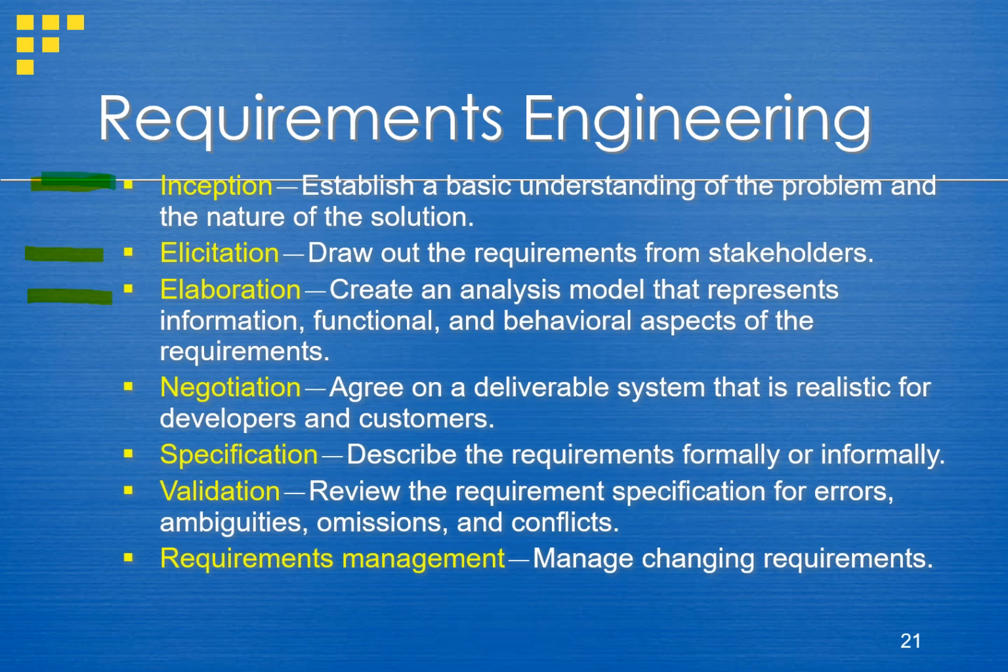Next is negotiation. As you already know this term, negotiation is where you go for a mutual agreement so that all the parties involved in that deal have a win-win situation at the end, because all are satisfied with whatever agreement they mutually make between them. So negotiation means agreeing on a deliverable system that is realistic for developers and customers both.